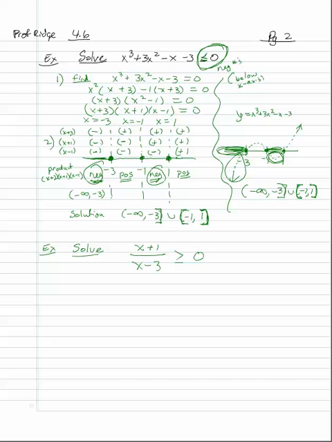Alright, so let's solve a rational inequality. On this one, our critical values are where it's equal to 0 and where it's undefined.